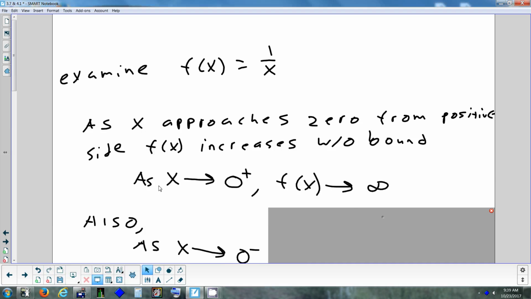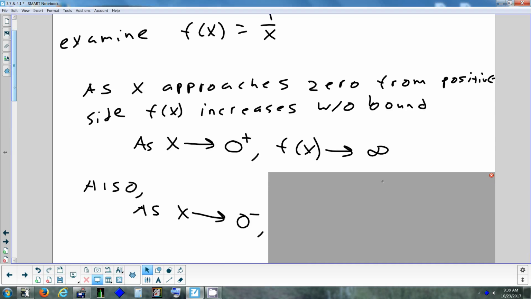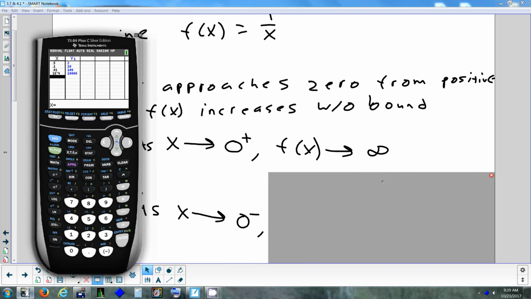Now, let's also look at what happens as x approaches 0 from the other side. Let's come in from the negatives. When x is negative 1, we're at negative 1. Negative 0.1, we're at negative 10. Negative 0.01, negative 100. What's happening to the y value as I approach 0 from the negative side?